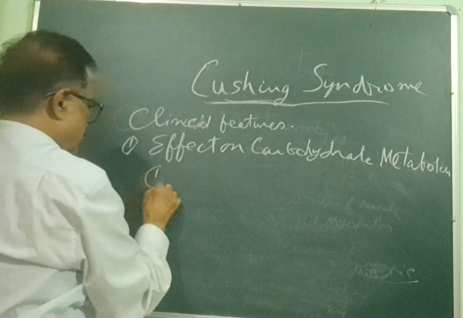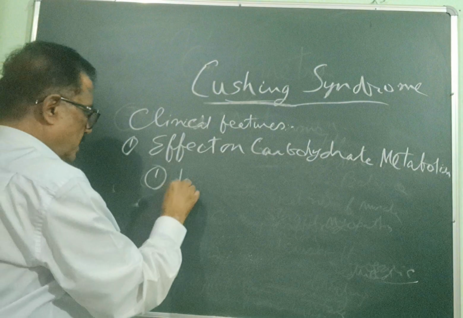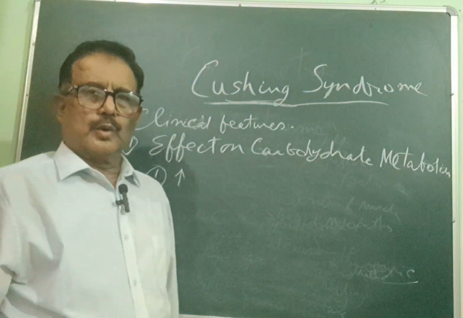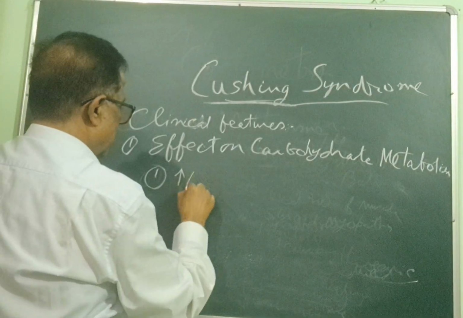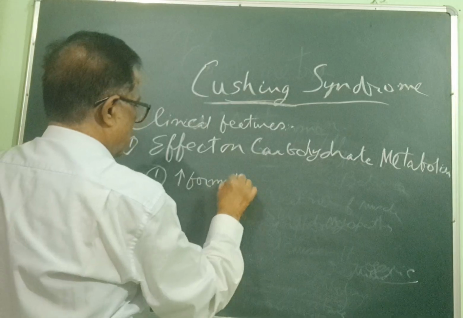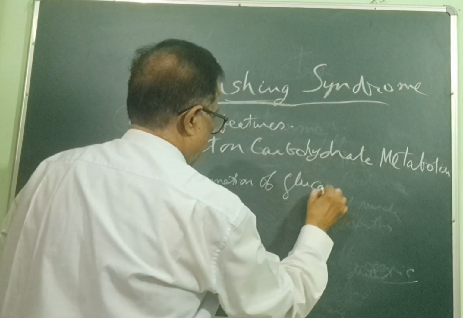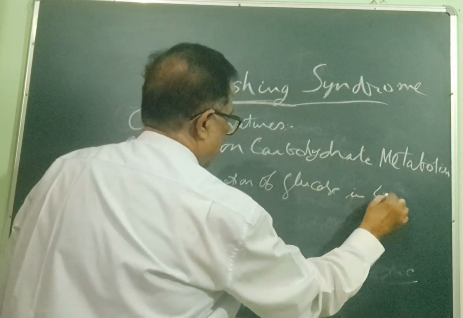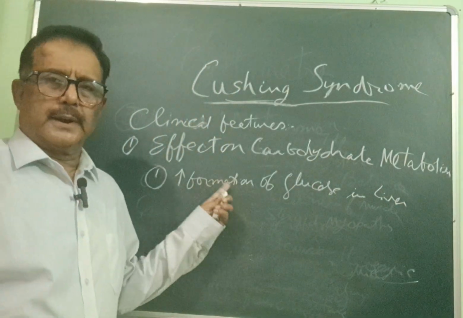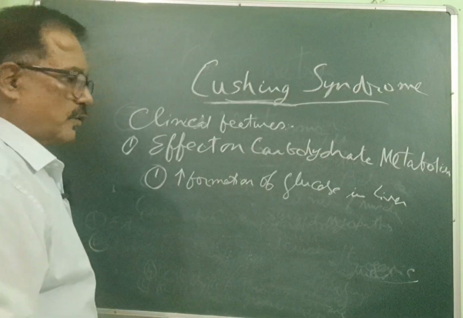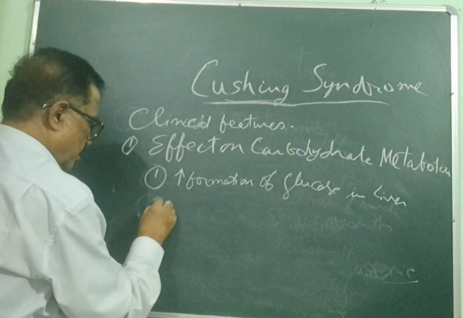It causes, number one, increased blood glucose level by formation of glucose in the liver, gluconeogenesis, from amino acids. From where do amino acids come? Amino acids come due to its proteolytic activity on the muscle. Amino acids are formed in excess amount and go to the liver, and the liver forms glucose.